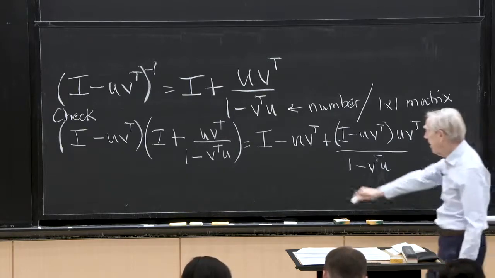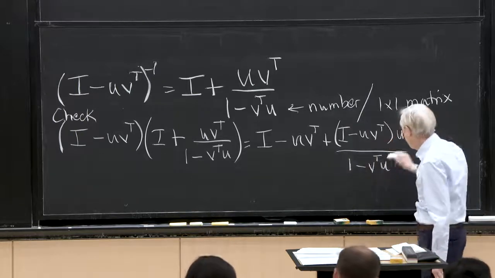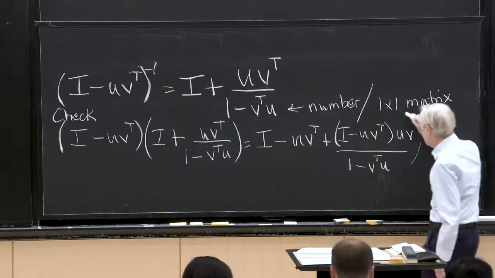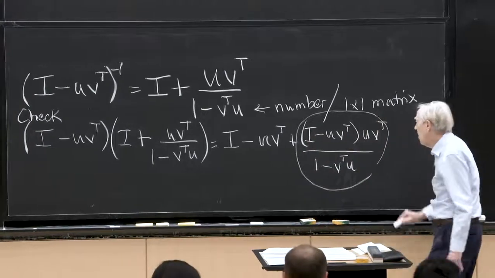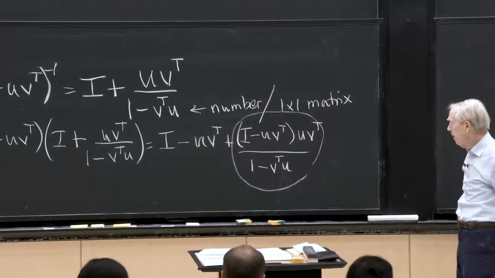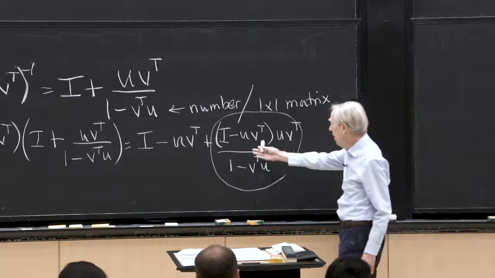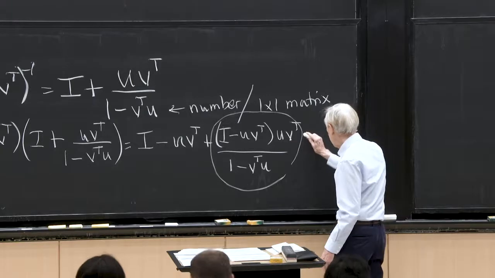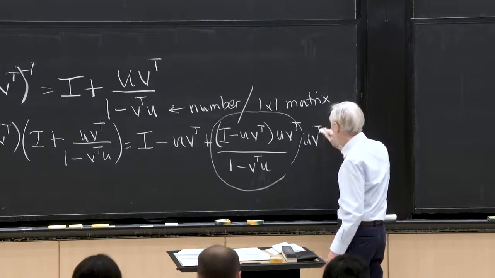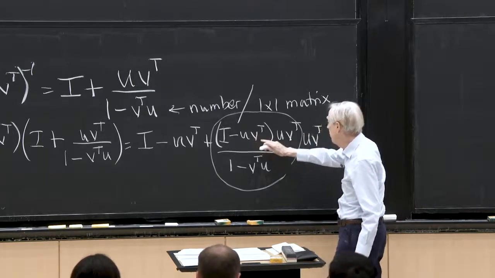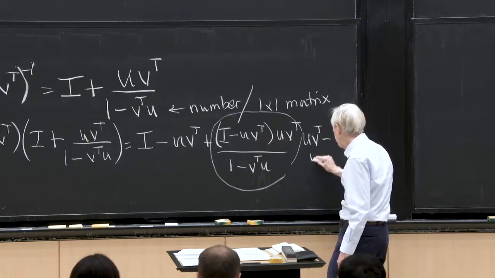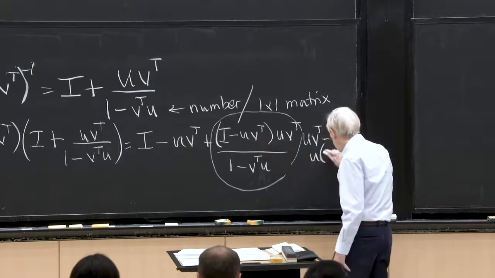Okay, I see the identity there, so I hope that all this part reduces to it. Let me do that numerator there. So that's uv transpose minus u times v transpose u.